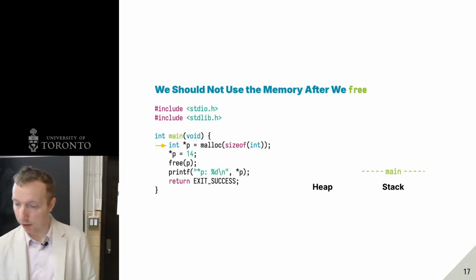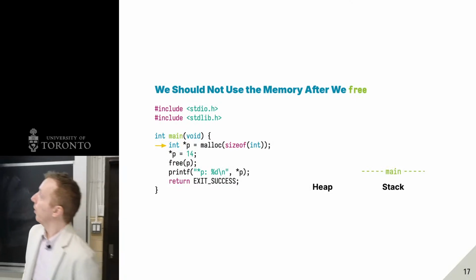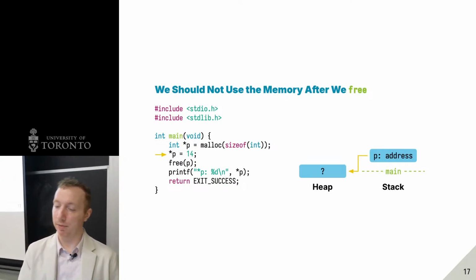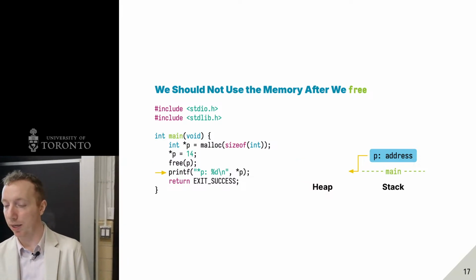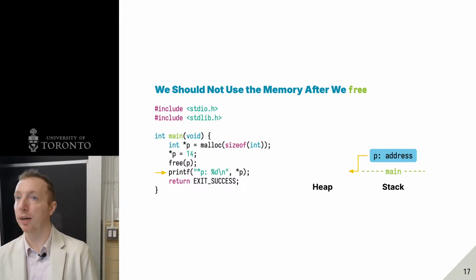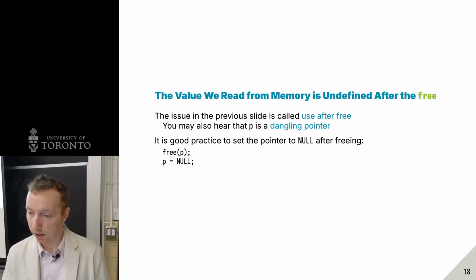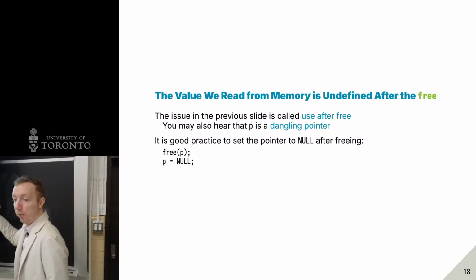Alrighty, so again, to break it down, we malloced size P, allocated it, we freed it, then we tried to use it here. This was our invalid read, and it is called a use after free.